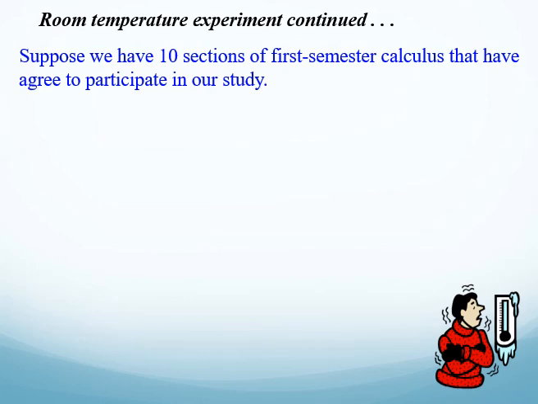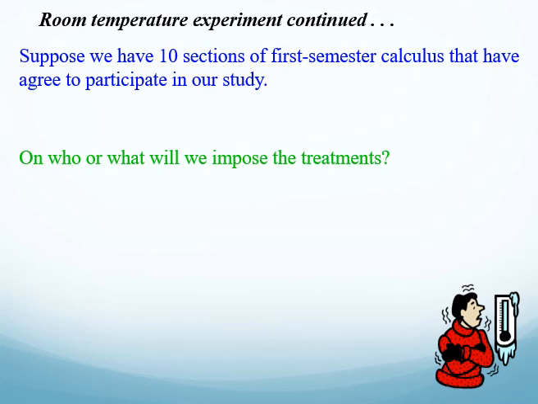Suppose we have 10 sections, 10 classes of first semester calculus, that the professors have said you can use for this study. We have to think about who or what we are imposing treatments on. At first you might say the students, but the students aren't all getting varied temperatures. It's the entire class, because everyone in one class gets the same temperature.